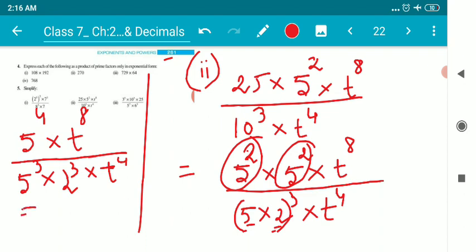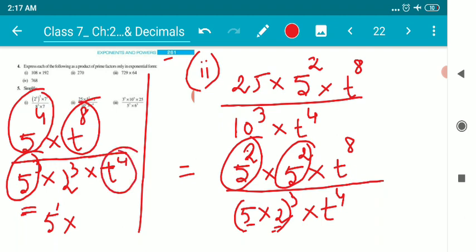Okay children. Now 5 to the power 4 and 5 to the power 3 are in division and having equal bases, so powers will be subtracted. It will be 5 to the power 4 minus 3 means 1, into t to the power 8 by t to the power 4. Okay, they're having same bases but in division powers will be subtracted. So it will be t to the power 8 minus 4 means 4.